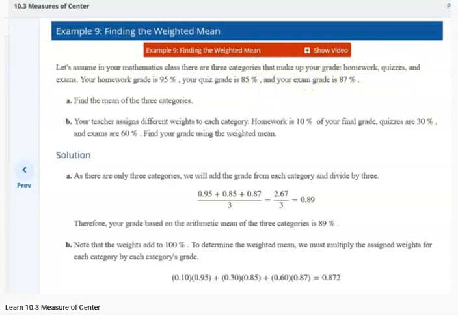And there's the traditional way of finding an average, where if homework is 95% of the grade and your quizzes are 85% and your exam average is this, then you just divide by 3. You get this average here.